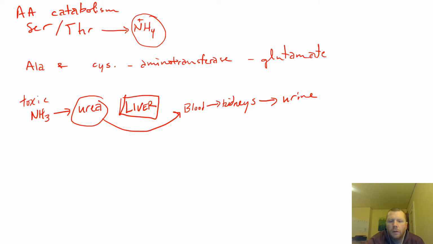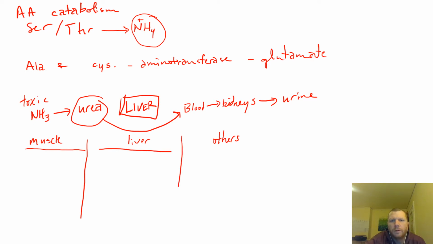Okay, now what we want to do is look at our different tissues. Let's just classify them as muscle tissue, liver, and others. Now, the connection between all of these is your blood. And so what we need to have is molecules that can actually be transported through the blood.